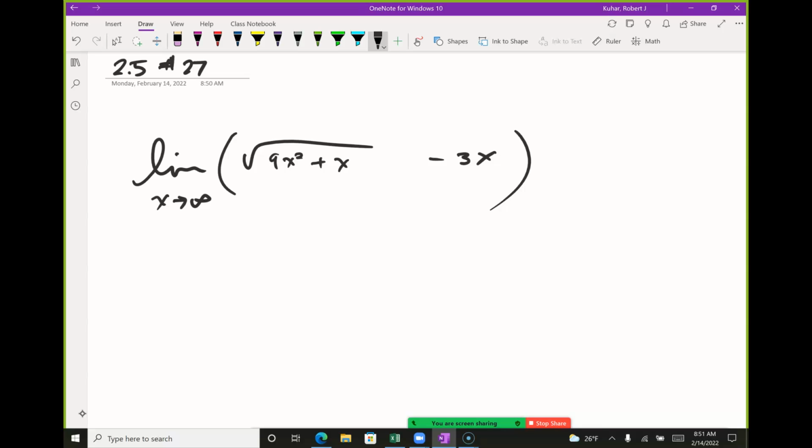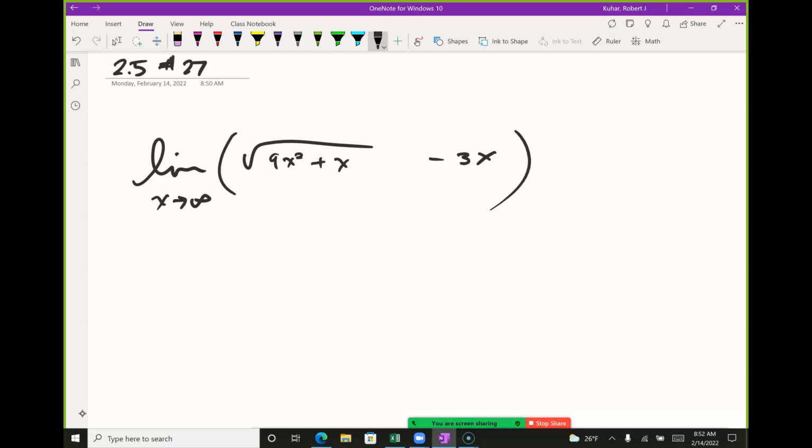There are a few mathematicians in the history of our world that have discovered there are different sizes of infinity. So infinity minus infinity could sometimes be 0, sometimes it could be something else. So this is an indeterminate form. It's something that we're going to deal with more in Calc 2 than we will here.